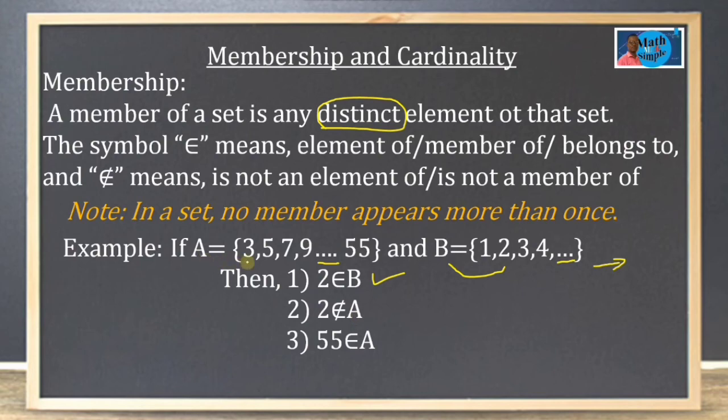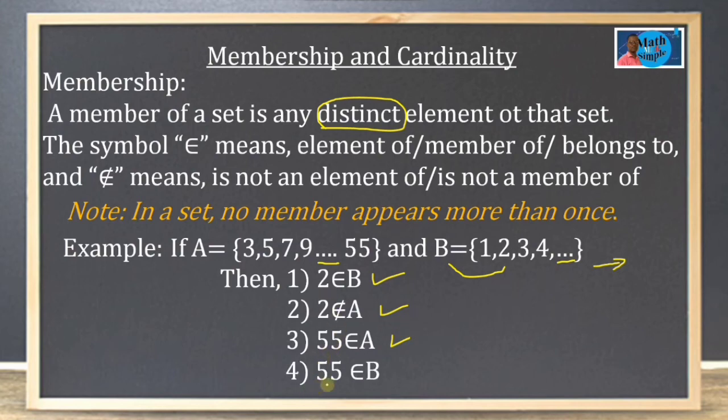Set A, we have 3, 5, so we have odd numbers here. So 2 is not in set A. So we say 2 is not a member of set A, which is also correct. Then 3, 55 is a member of set A. That's also true.